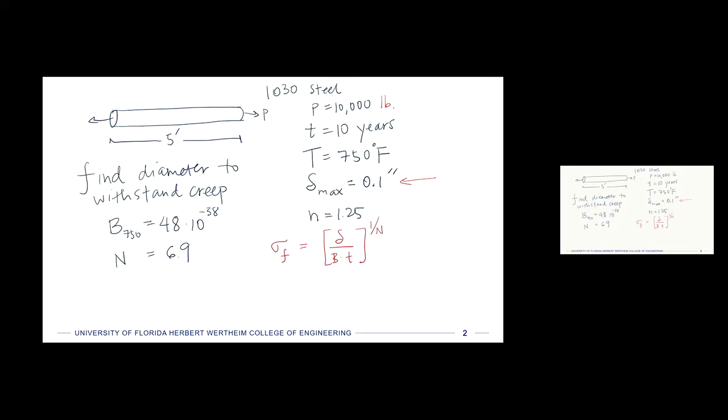If we plug in the values that we know, we get sigma f is equal to, our delta was 0.1 inches. It's the maximum elongation we're allowing. And we're going to divide that by B, which was 48 times 10 to the minus 38. And then we want to get our t in terms of hours.